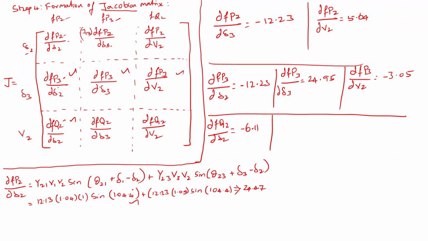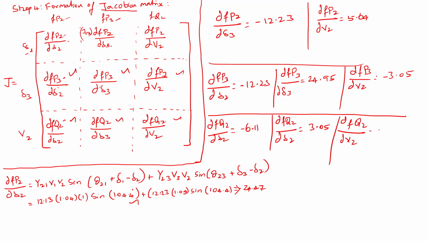If you differentiate with respect to the denominator, you will get these values that I am writing on the board. Same value you should get for all, right? Then ∂fq2/∂δ3 is equal to 3.05, and then finally we solve this also. Final value is ∂fq2/∂v2.